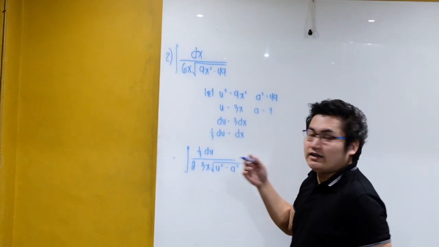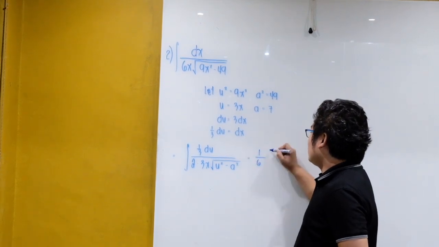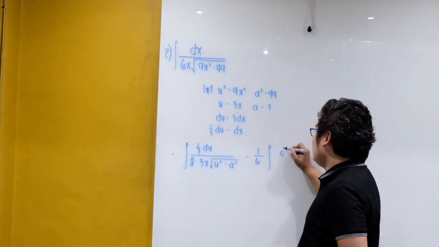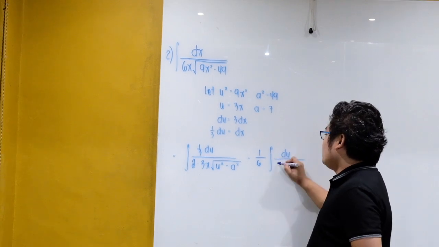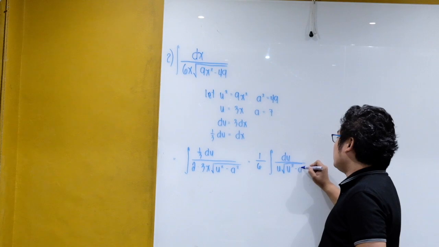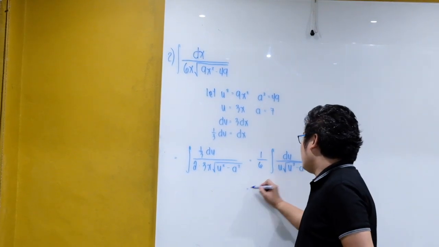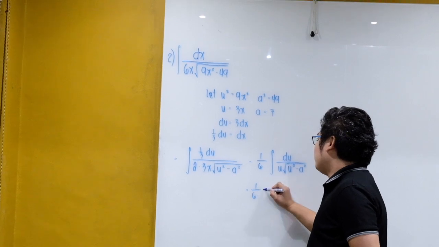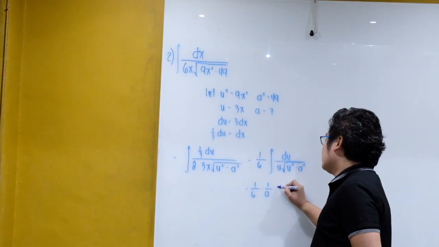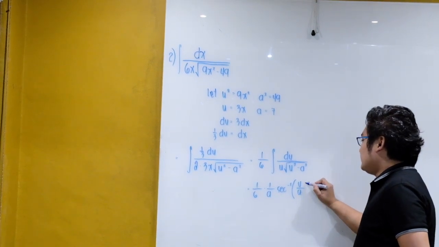So simplifying this, we now have 1 over 6 multiplied by the integral of du over u multiplied by the square root of u squared minus a squared. So our indefinite integral now will become 1 over 6 multiplied by 1 over a secant inverse of u over a plus c.